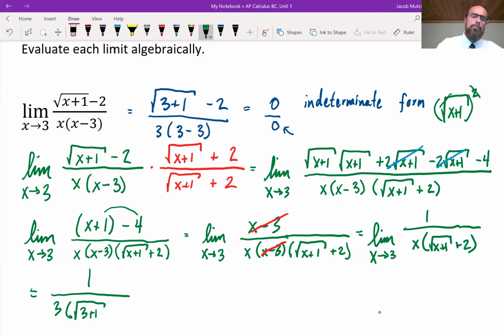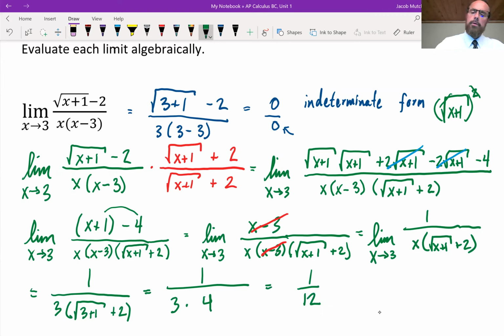So there's no problems now in the denominator. That's not going to be 0. So this is 1 over 3 times, let's simplify what's in parentheses here. So square root of 3 plus 1, that's the square root of 4, which is 2. 2 plus 2 is 4. And that gives us this final answer of 1 over 12.